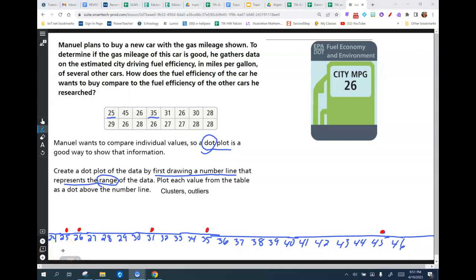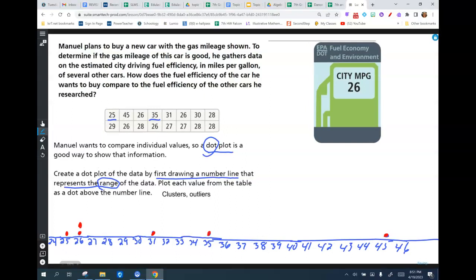31, 26. I have another 26. Okay, 30. So we're just putting dots on here for each of those numbers. 29, 26 gets another dot, 28.